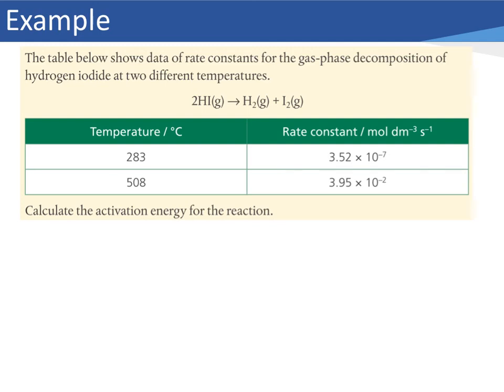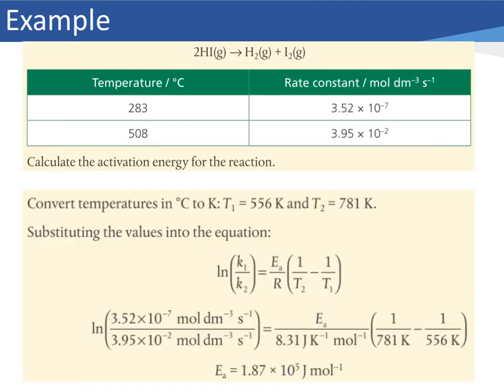So if I know the temperature, this is Celsius, so add 273 to get to Kelvin, and I know the rate constant, I can calculate the activation energy for the reaction without making a graph. So I'm going to convert Celsius to Kelvin, and then substitute into this equation.